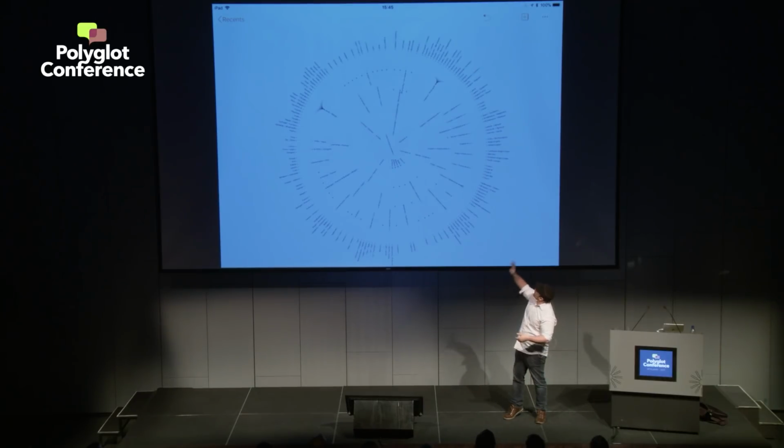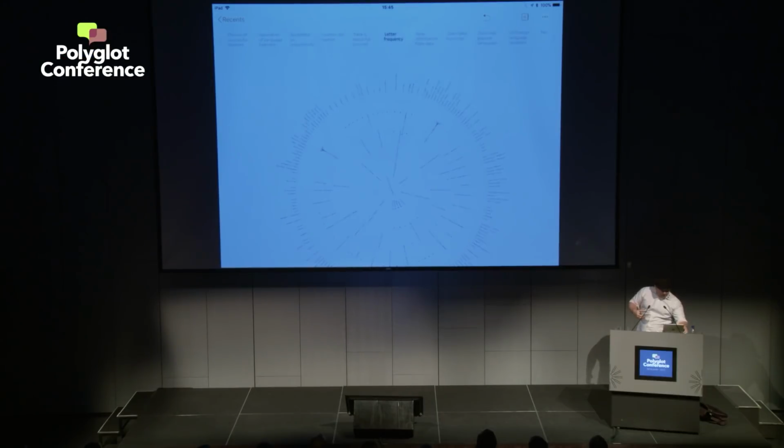But this way, it's represented in a circle. And the lines, you don't see them on this version, but the lines are coming out and it's splitting. And it's nice to see it in this giant circle like that. It's a different perspective. You start to see how many languages take up what chunk of the circle.